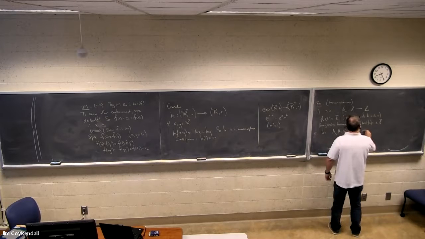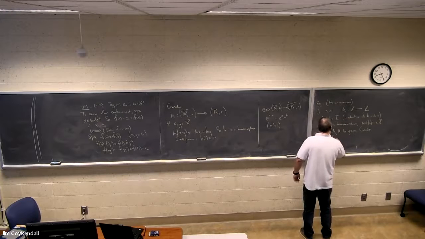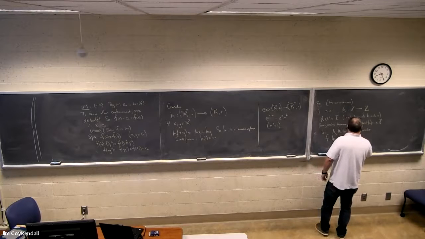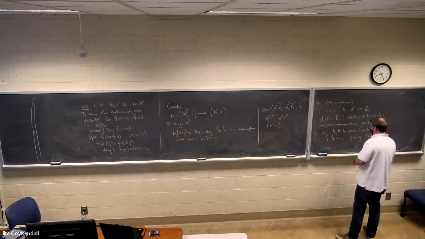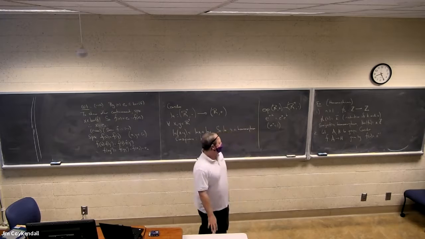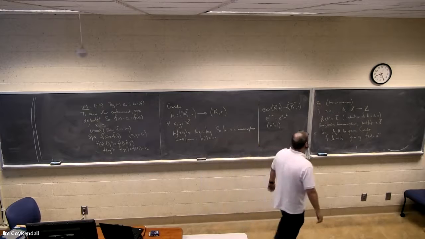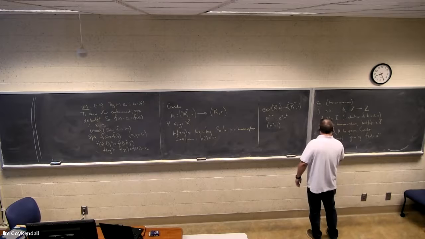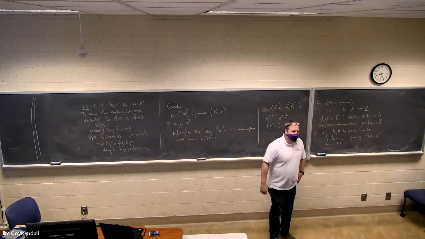Consider the map given by f of a equals a inverse. This function is always 1 to 1.